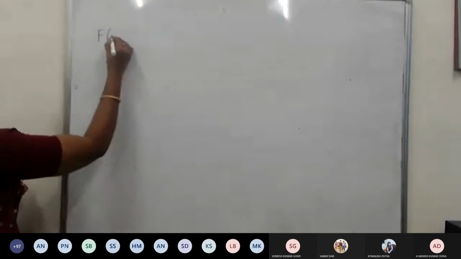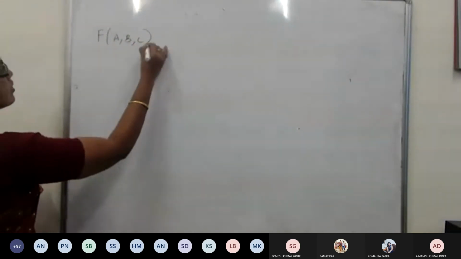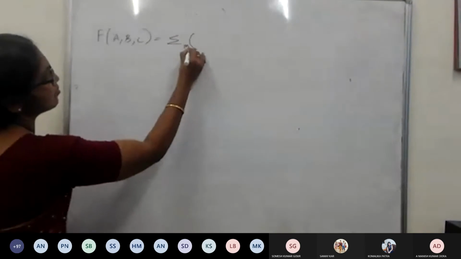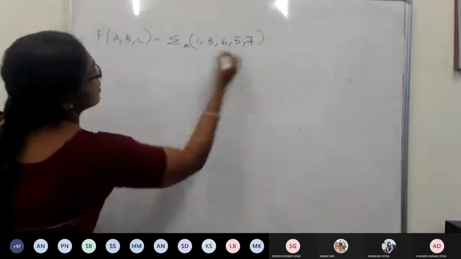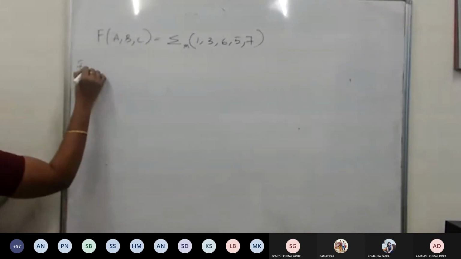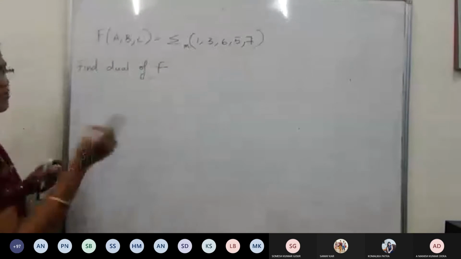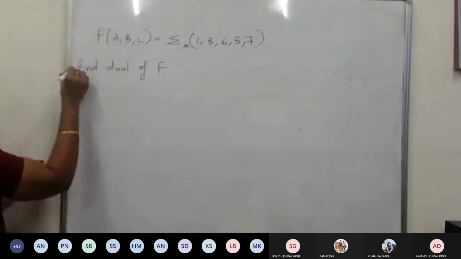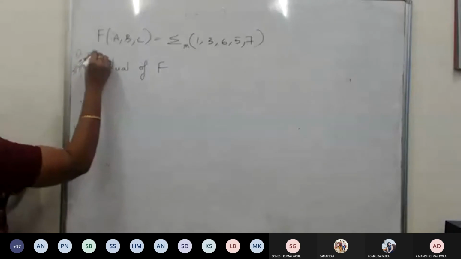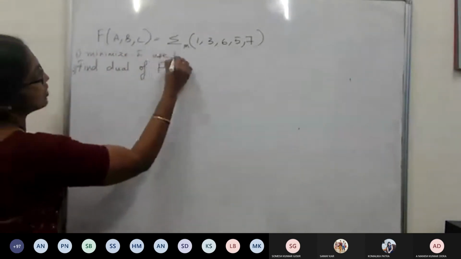So the function is F of A, B, C equals sigma m. Find the dual of F. First, minimize this. This is the second bit. The first bit is to minimize F using a K map.